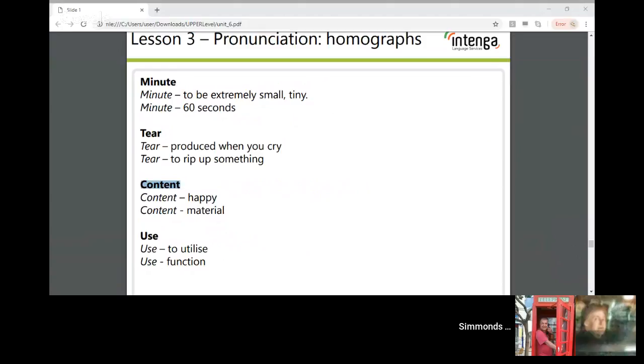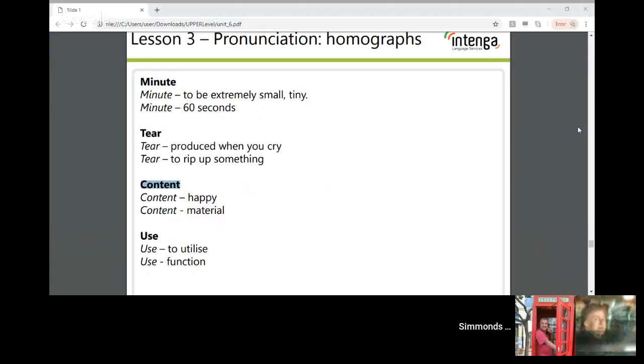Perfect. So the first one, happy, content, and material, content. That's basically it. I think we all know what happy means and material.